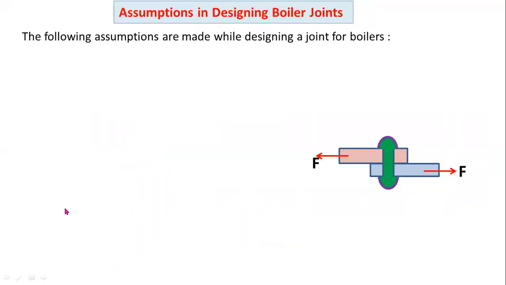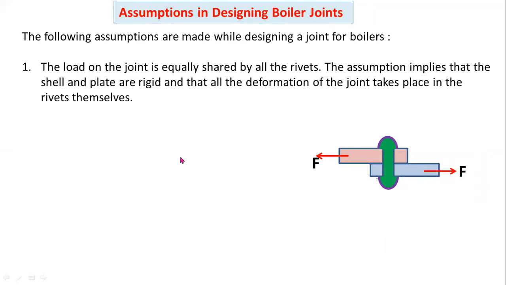What are the assumptions made in the design of boiler joints? The following assumptions are made while designing a joint for boilers. The load on the joint is equally shared by all the rivets.